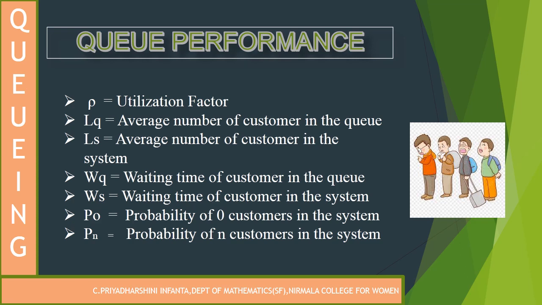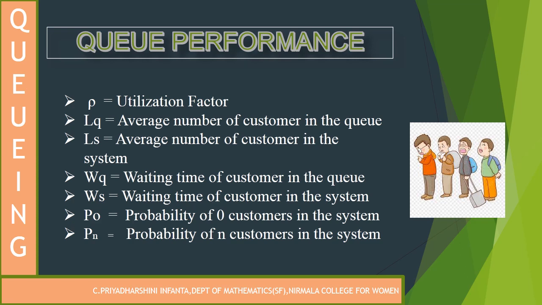LS denotes the average number of customers in the system. In the system denotes the person who is being served as well as the person who is standing in the queue. The next one is WQ. WQ denotes the waiting time of the customer in the queue.